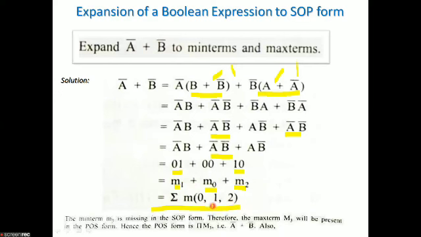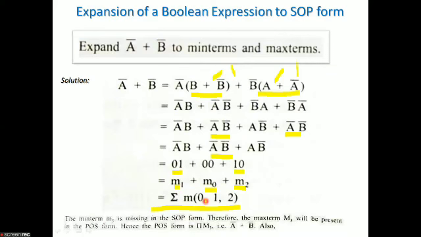Now, as I had already told you, from here we can find the max terms. How? Min term 3 is missing in the SOP form, this sum of products form. See here, min term 3 is absent or missing in this SOP form.